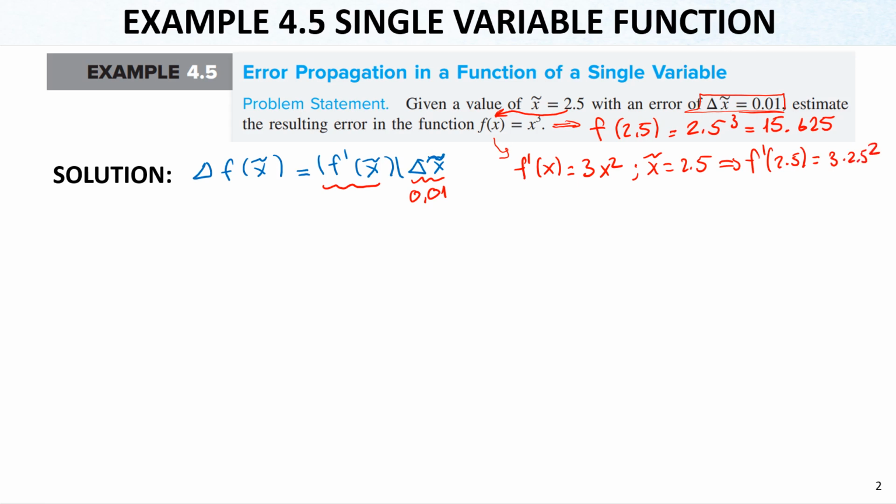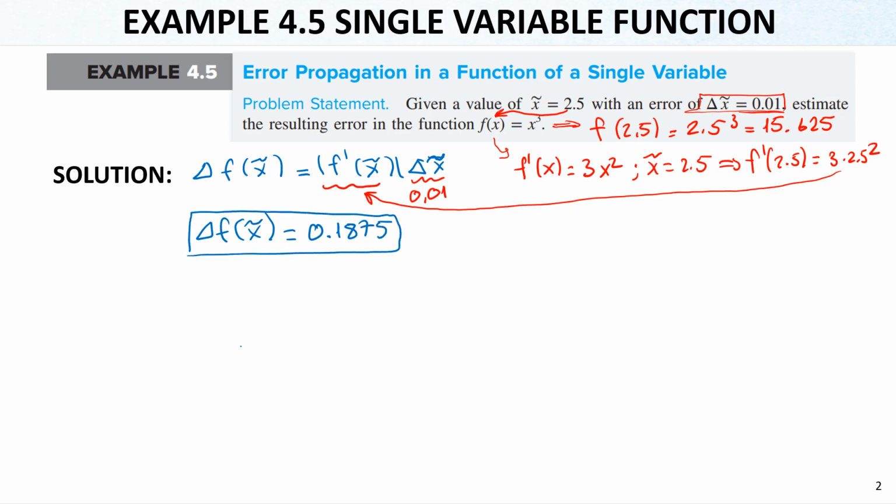So we can simply write this down here, and eventually we can calculate delta f(x), which by the multiplication of these is 0.1875.